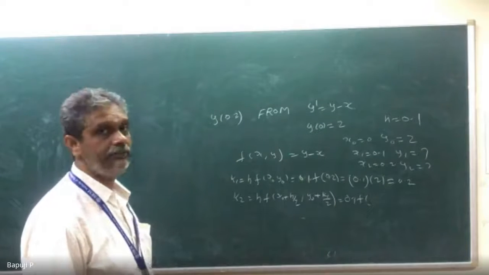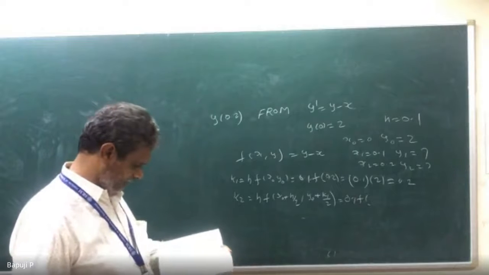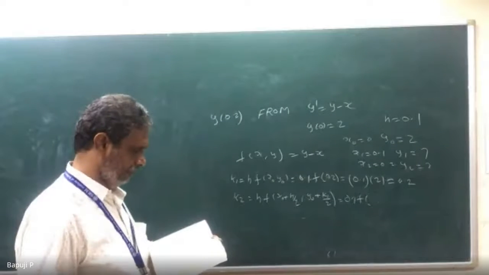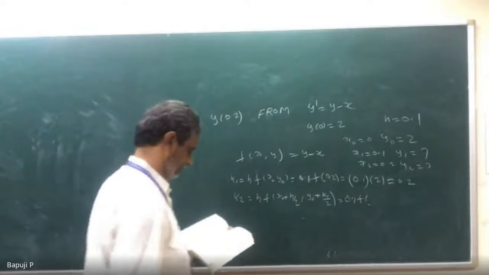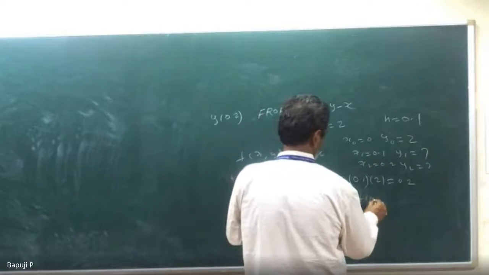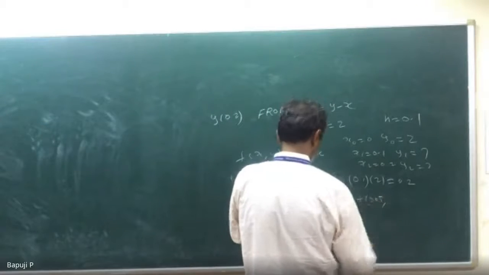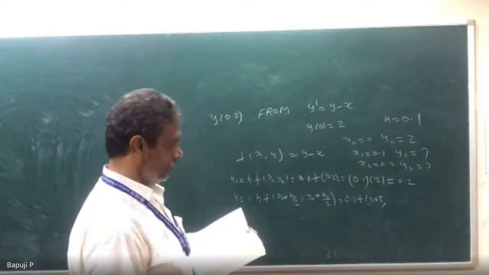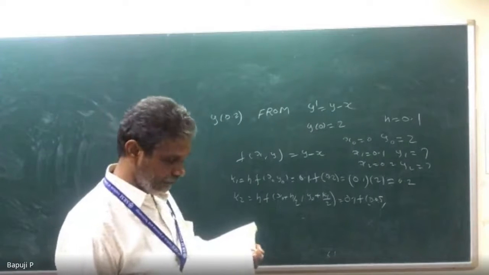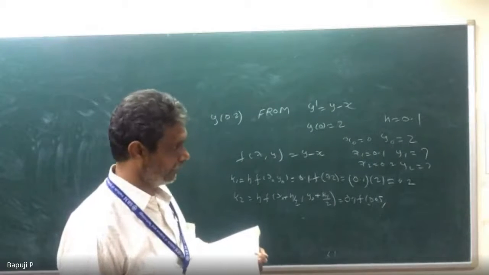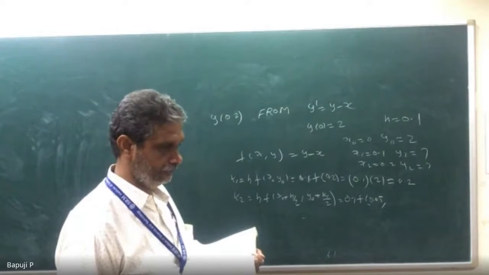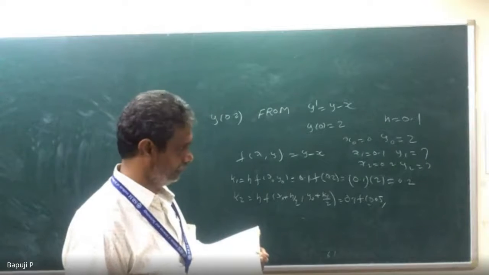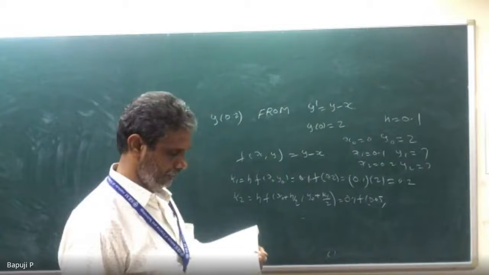H is 0.1, so 0.1 by 2, what will you get? 0.05. Comma, then y naught plus k1 by 2. Y naught is 2. K1 by 2 is 0.2 by 2. So what you will get? 0.1, you will get 2.1.